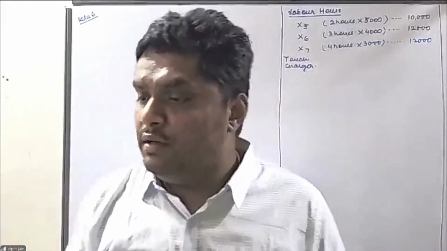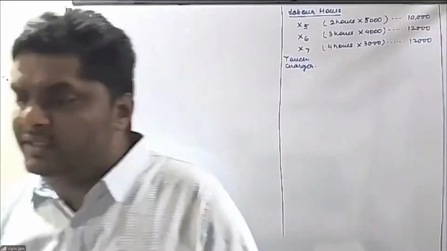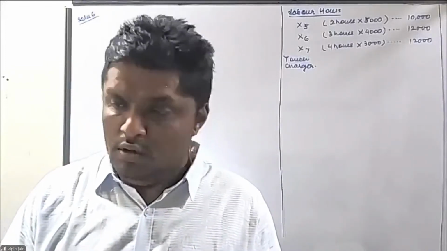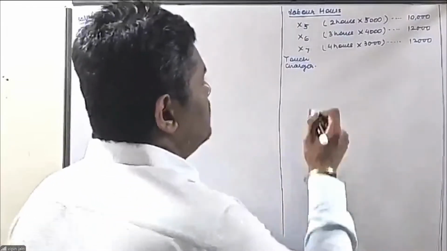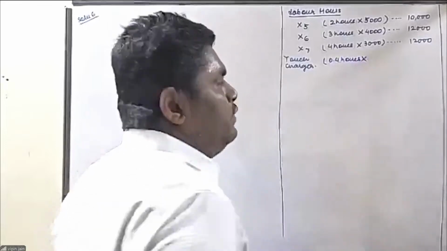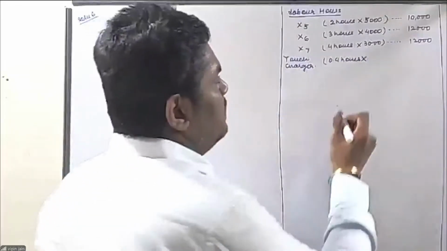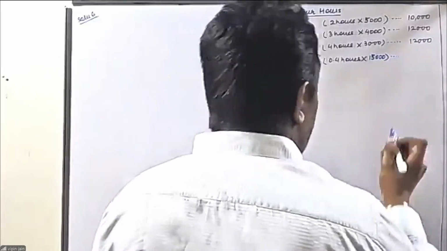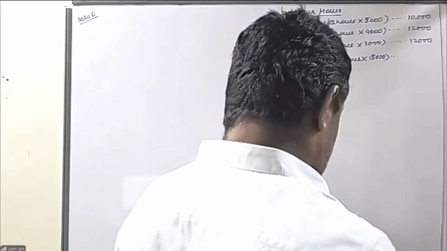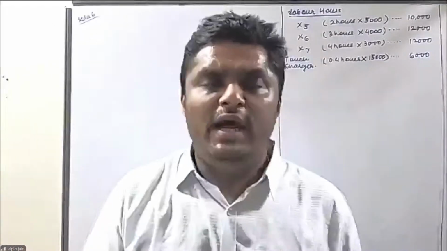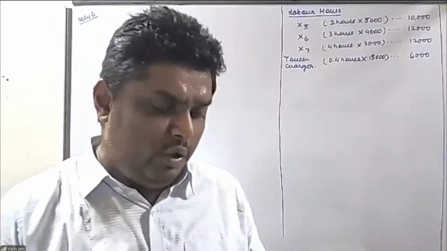For the touch charger, the labor cost per unit is 200. So we can say 0.4 hours into the number of pieces, 15,000. So this will be 6,000. If you have any doubts in this calculation, please post your query.